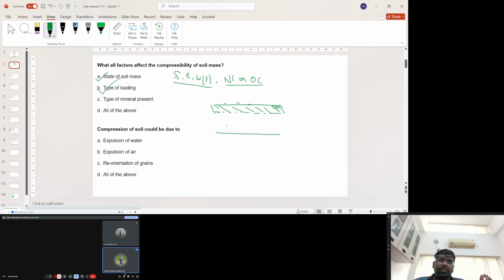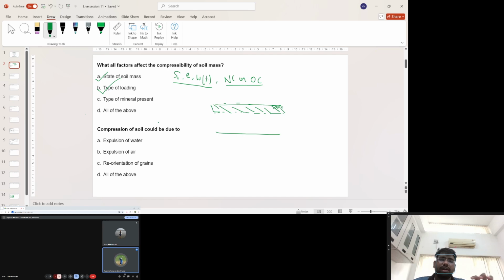Even though the composition is of both silica sheets and alumina sheets, their type of arrangement is different. And between these layers, the double diffuse layer, the thickness of the adsorbed water will be different. So these things entirely govern the compressibility aspects at a larger scale.